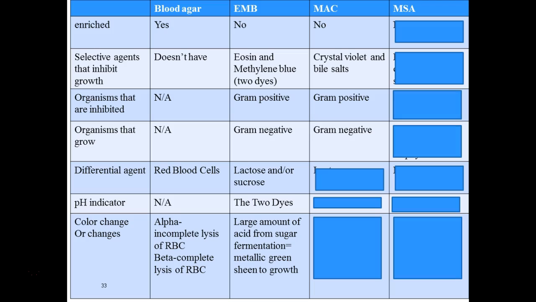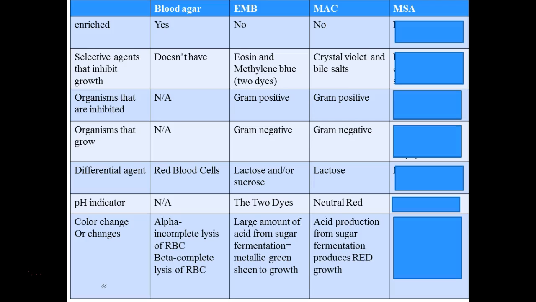What's our differential agent in this media? What are they going to change? What sugar? This one's lactose only. Does this one have a pH indicator? Yes, it's neutral red. And so again, we're looking for color changes in this pH indicator that's going to let us know if acid was produced. So acid production is going to produce red growth.